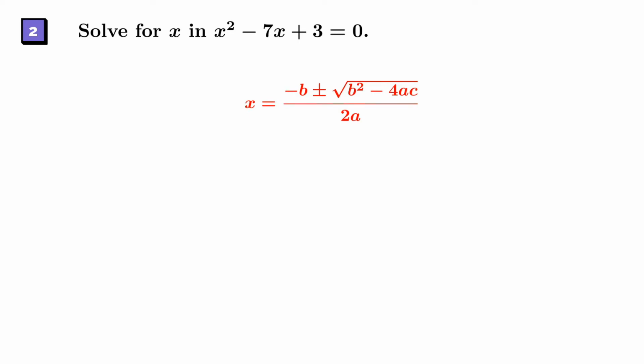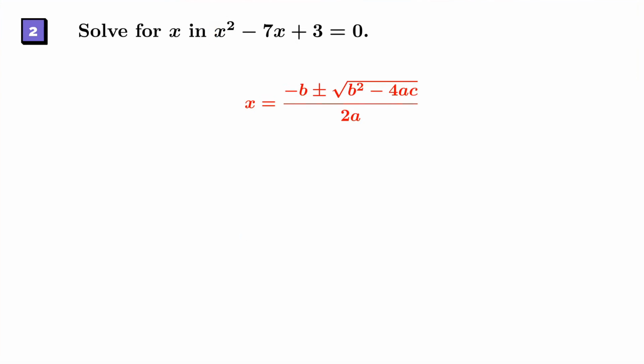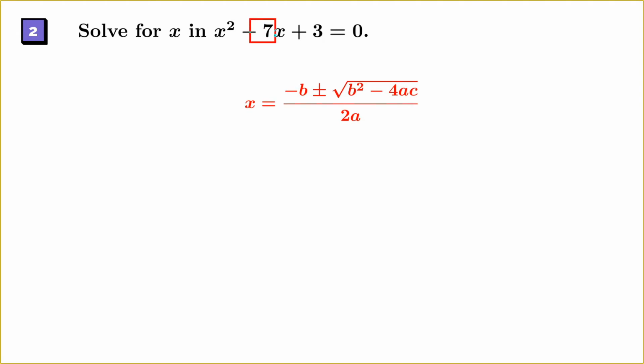Tapos identify lang natin yung ABC. So a is equal to, anong number dito or numerical coefficient? That is 1. So a equals 1. B is equal to negative 7. And C is equal to positive 3.